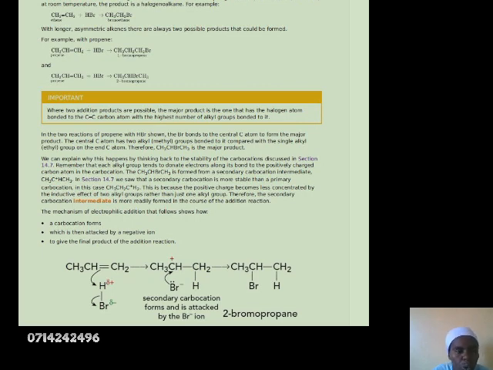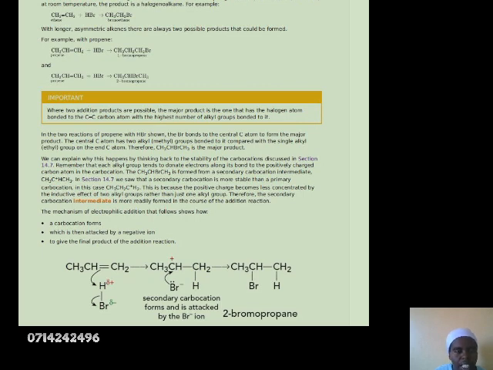So in the reaction of propene with HBr, the bromine will bond to the central carbon atom, forming the major product. The central carbon atom is bonded to two alkyl groups, or two methyl groups, which makes it more stable.